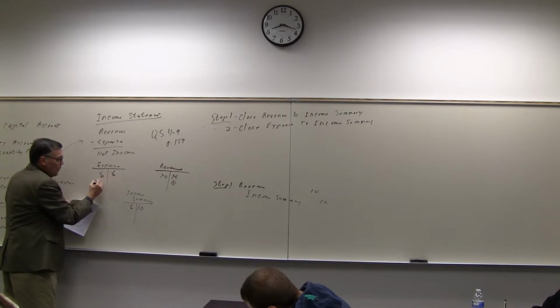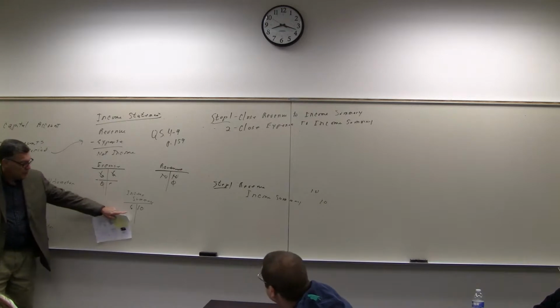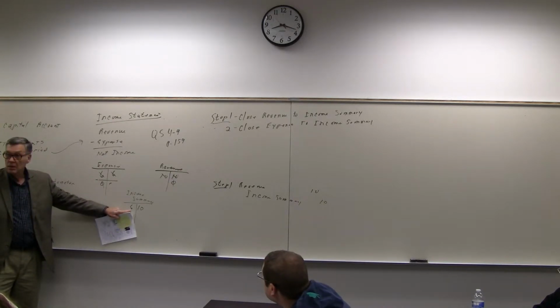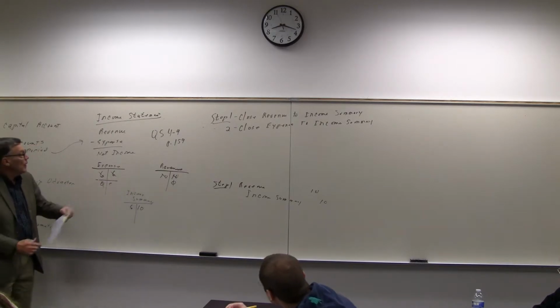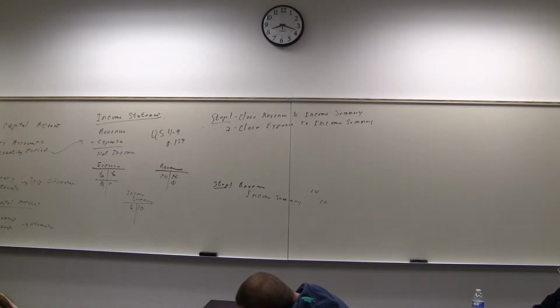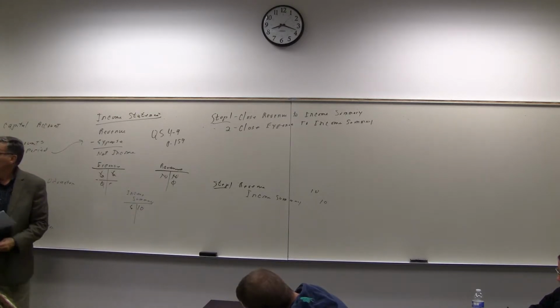So now you have a 0 balance, okay, and this is your total expense. Now both of these are zeroed out, and so they're ready for the next accounting period.